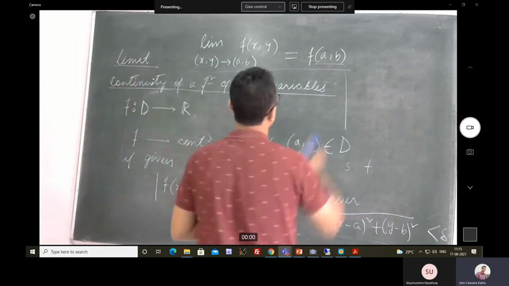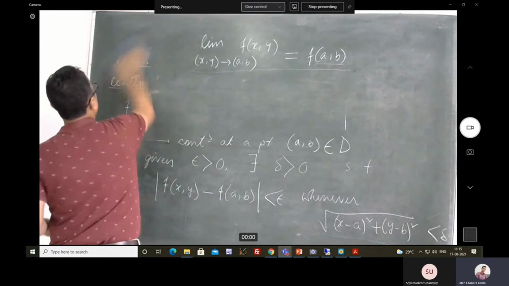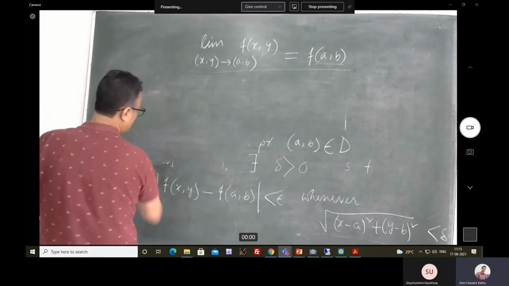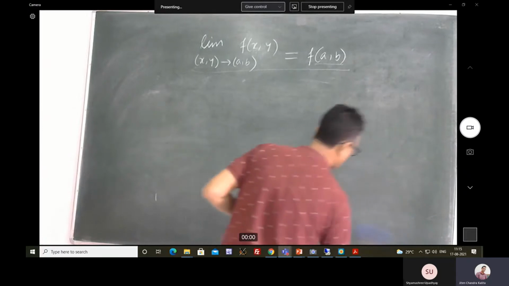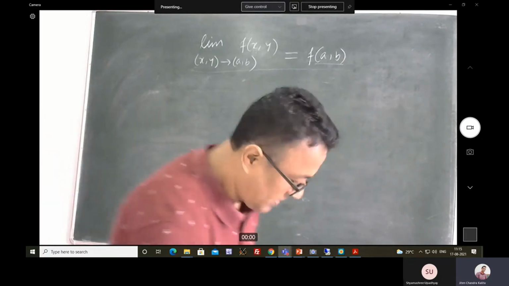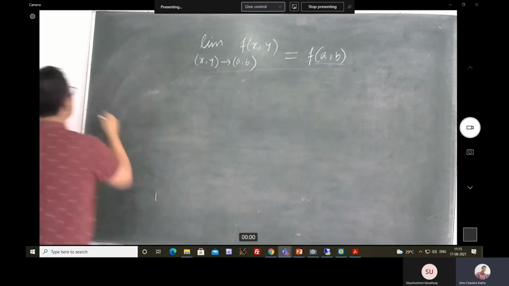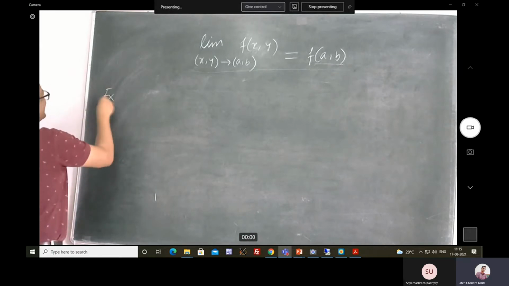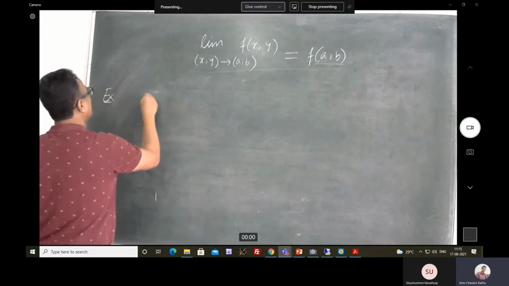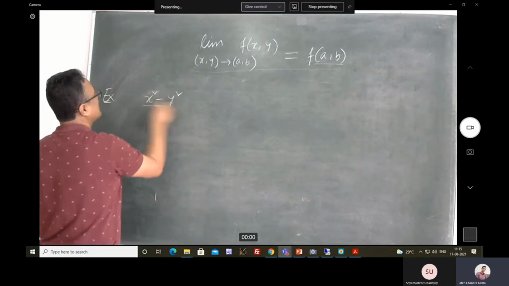Suppose we want to prove the continuity of a function at a point. I will take a very easy example.